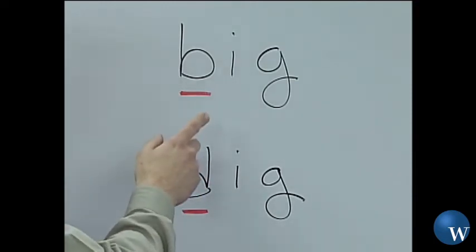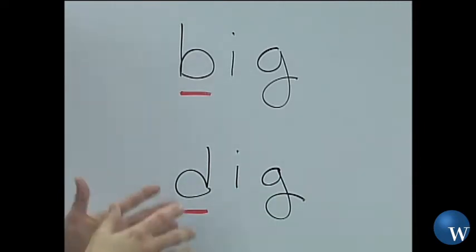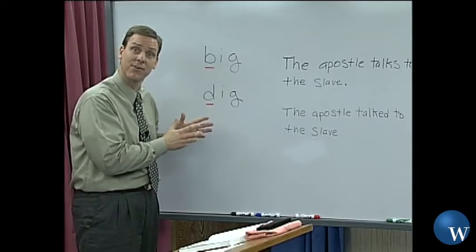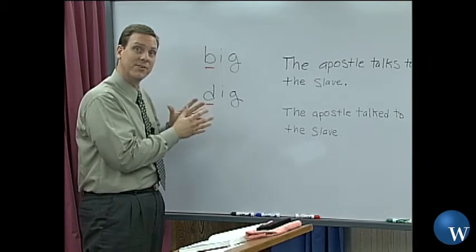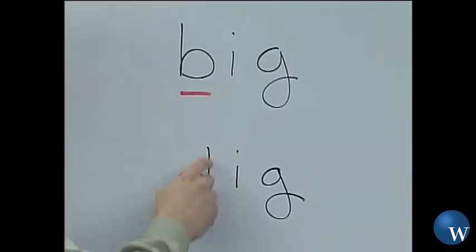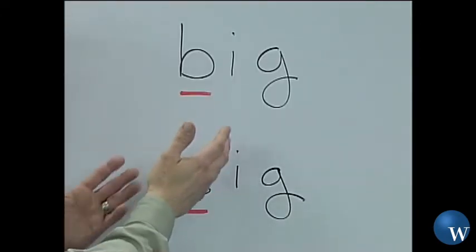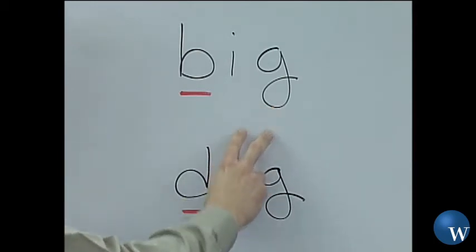Notice they look very similar, but one is facing one way and one the other. So we have to be attentive to those phonemes. We have to be careful about noticing those letters and the differentiation in those sounds. Notice the difference between the D sound and the B sound, and that you simply have then two different words, even though these letters are the same in both words.